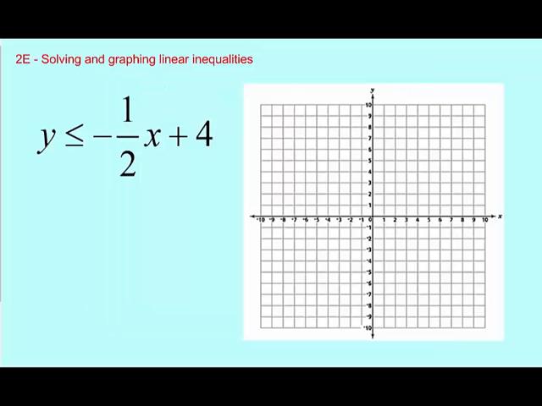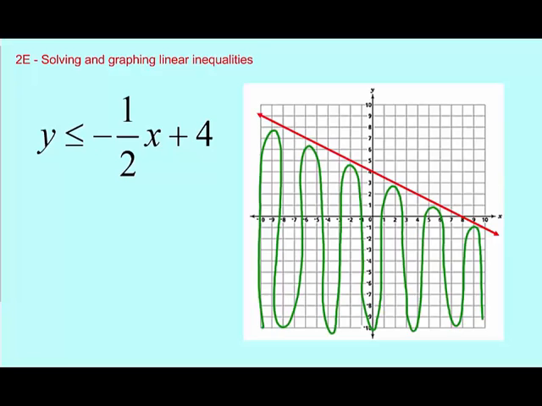So now go ahead and graph this linear inequality. Keep in mind the idea of open circle, closed circle, and then also shading. So here we know it's going to be a solid line because we have the equal to piece. Our y-intercept is at 4.